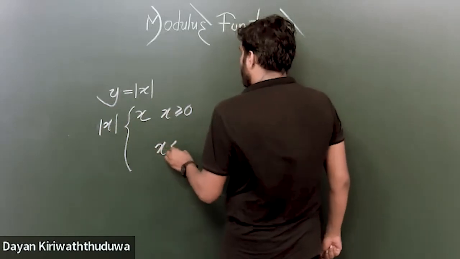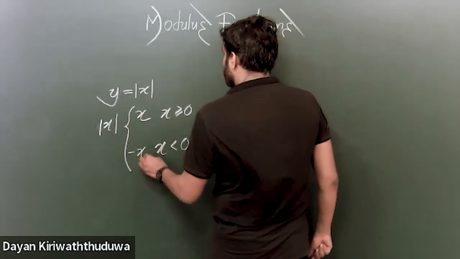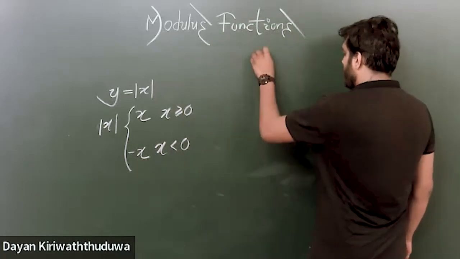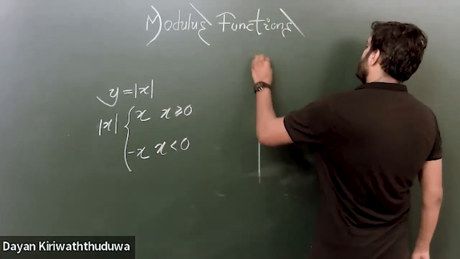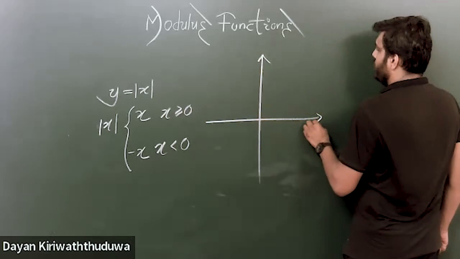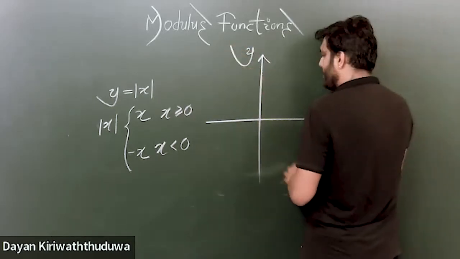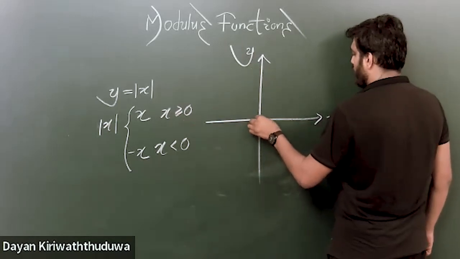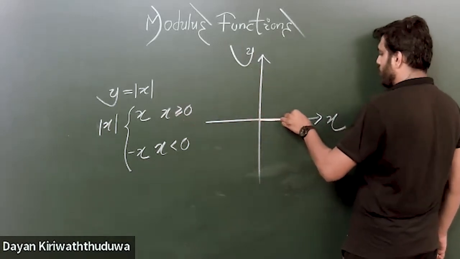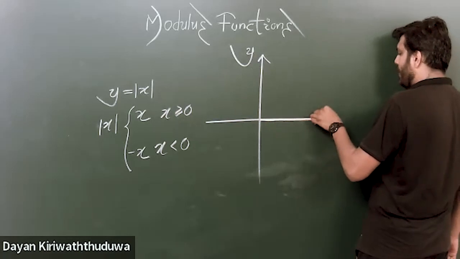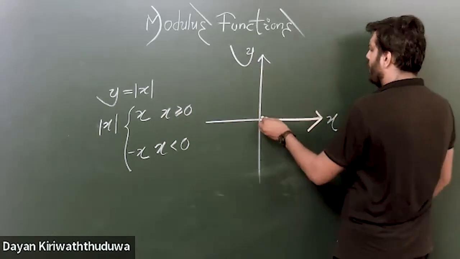When x is negative, this is minus x, right? And then we get the y-axis and x-axis. So when x is greater than or equal to 0, we have y equals x.